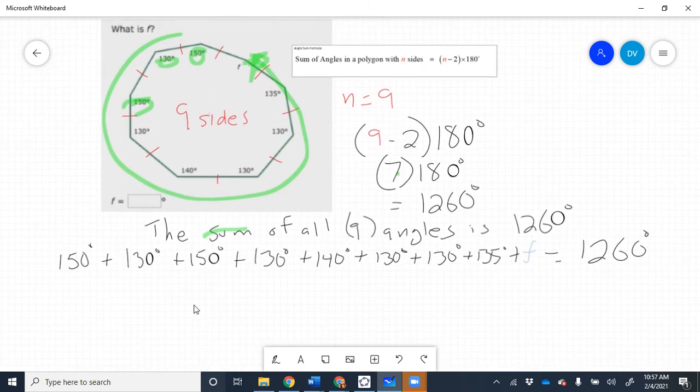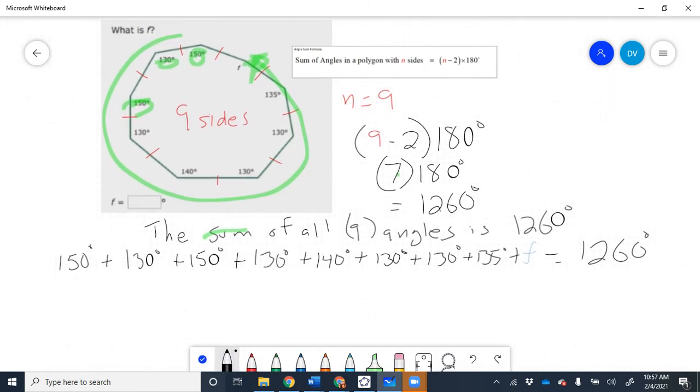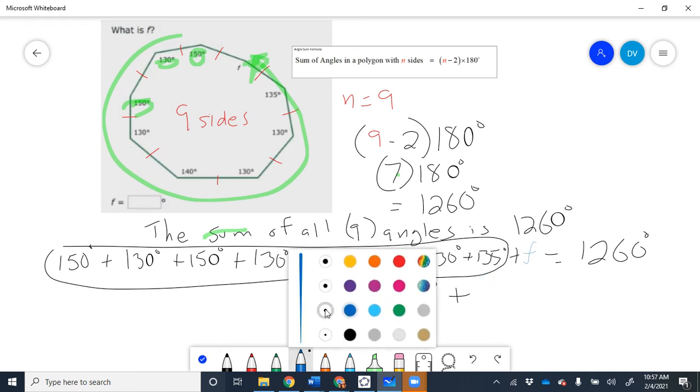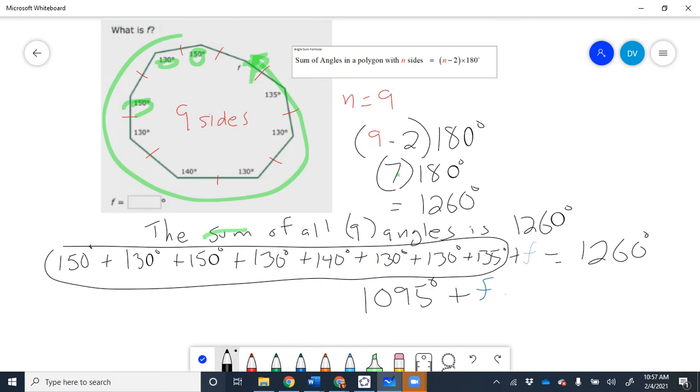In other words, when I add up all of these, I get 1095 degrees. 1095 plus F, that's what we're trying to find, equals 1260 degrees.